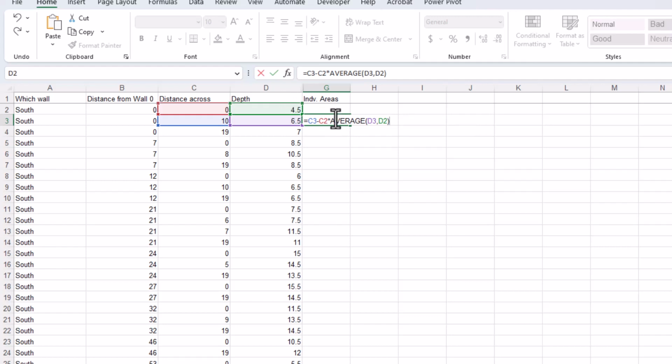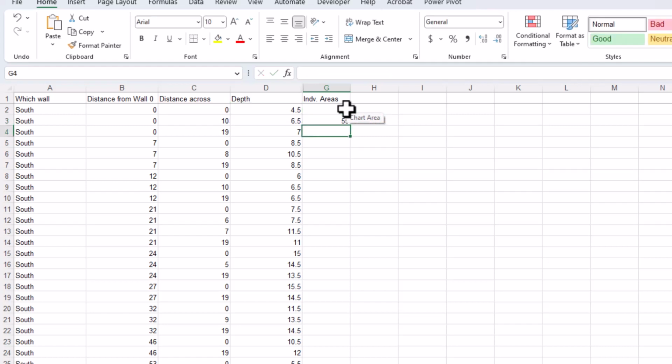Now, I do need to put some parentheses around these column C cell references. I'm getting 55 cubic inches there.